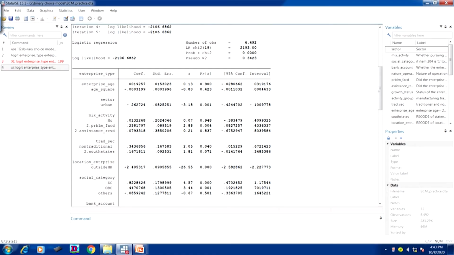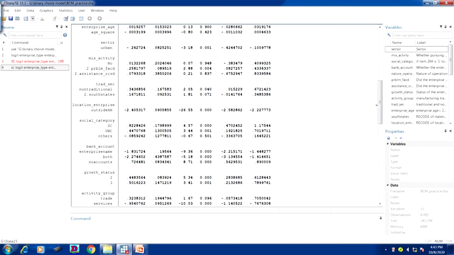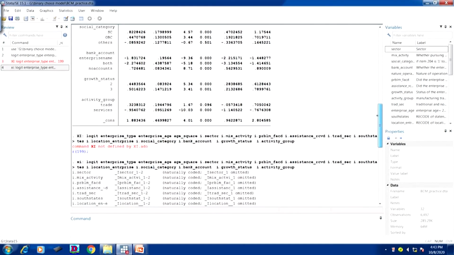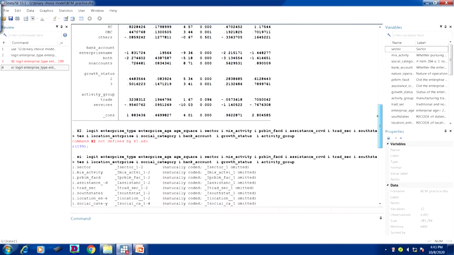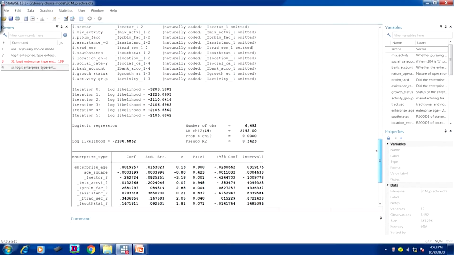Now, look at this. In the mixed activity also only 3 are presented. Now, here only 1. In the sector, only the category 2, that category itself is mentioned, it is nowhere mentioning the base category, is it not? So, that is the only difference.